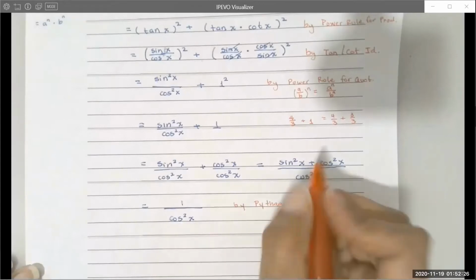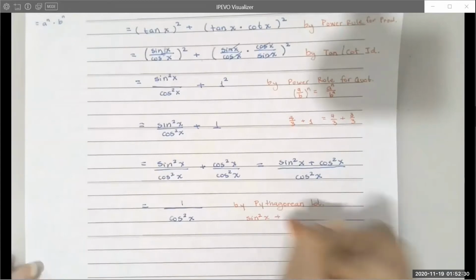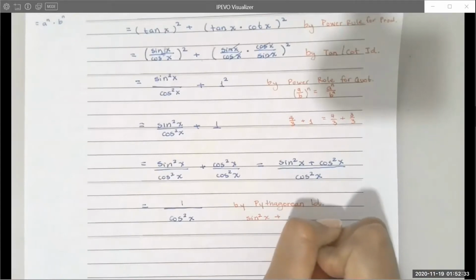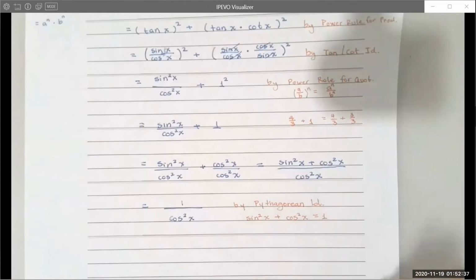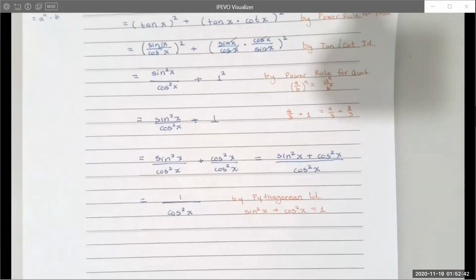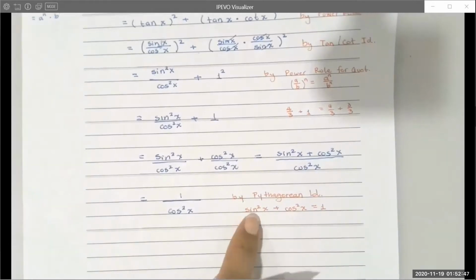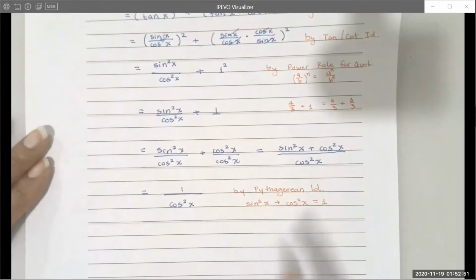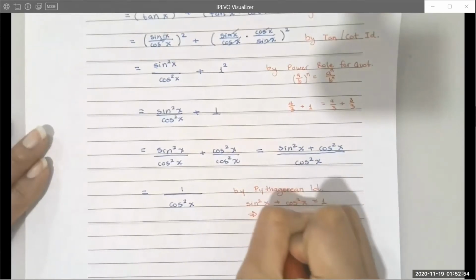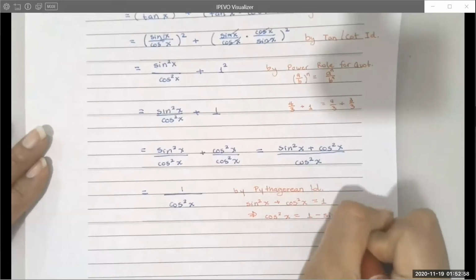Okay. Let's see. I'm going to give you guys a hint for that last part. We have the Pythagorean identity: sine squared x plus cosine squared x is equal to 1. So what would cosine squared x be if we were to solve for it in this identity? 1 minus sine squared x. Exactly, good. Okay, so cosine squared x here would be 1 minus sine squared x.